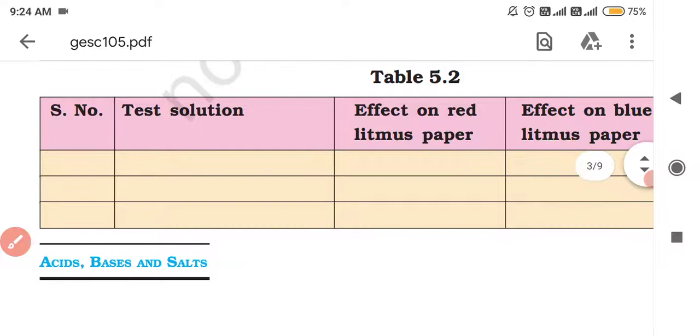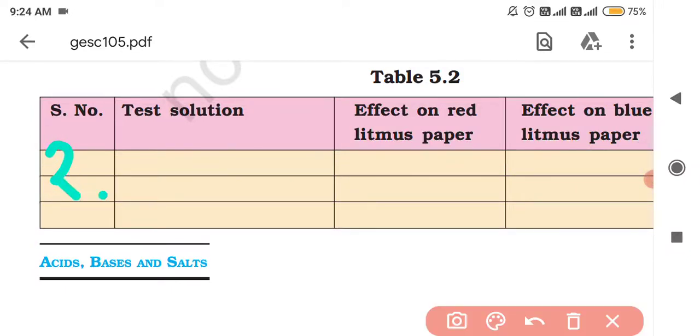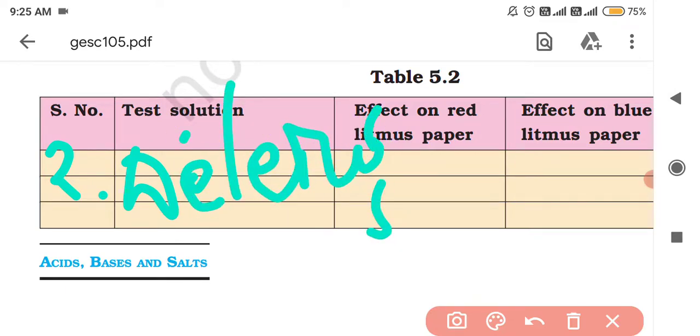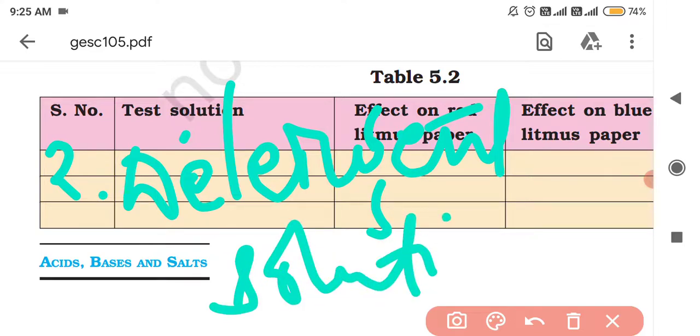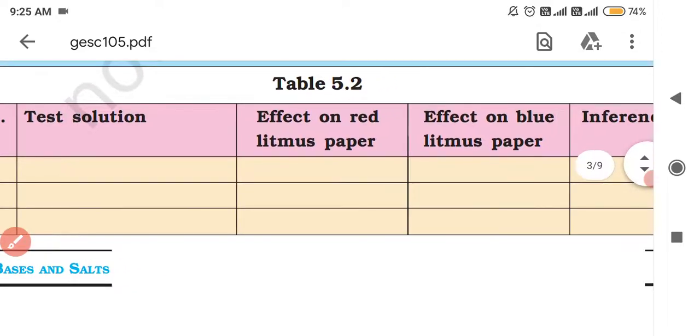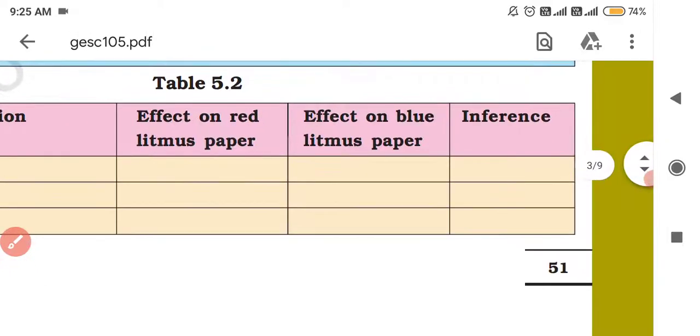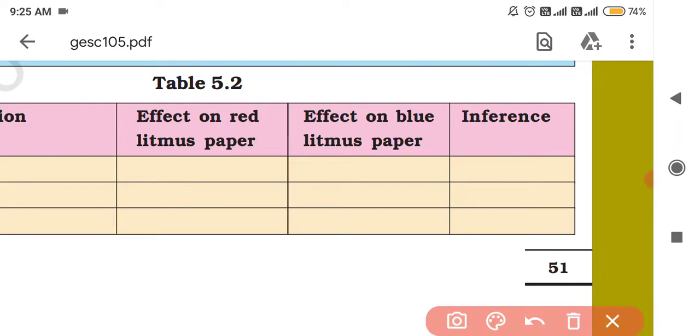Next, number 2 is detergent solution. What is the effect of detergent solution on red litmus paper? I think it is a base.